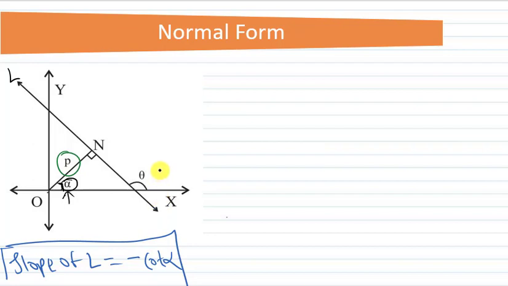Here if I know the slope, I should find out any point through which this line L is passing, right? So let's find this point N, which is the base of the perpendicular ON on line L.